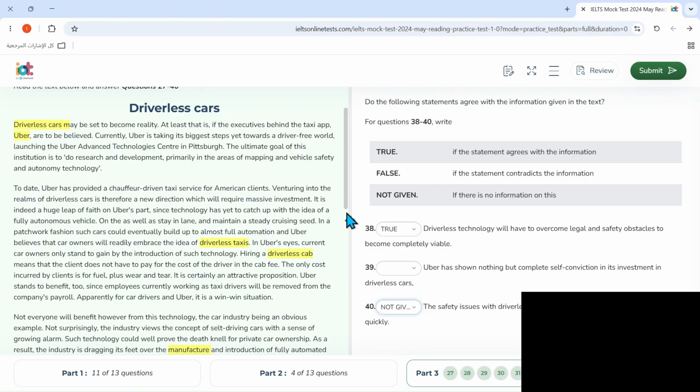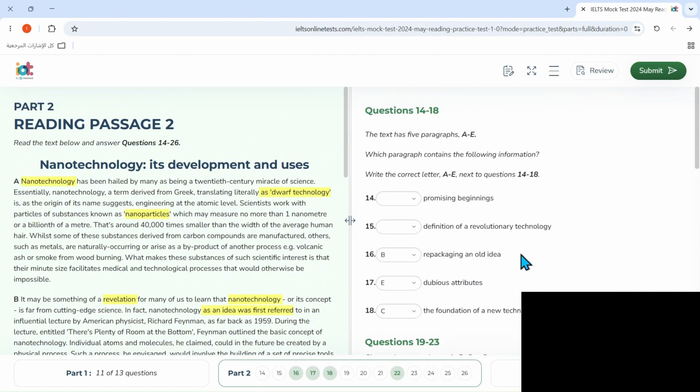Taxi service for American and new direction will be require massive investment. Imagine not unbelievable. Okay, and here promising beginnings.